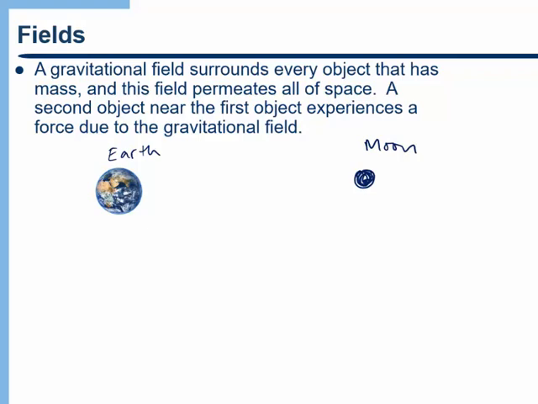Now, why does that help to resolve this issue of action at a distance and time delay? Well, we now have a way to understand why there would be a time delay. In other words, picture the following. Let's say I've got a lake here, and in my lake I have a cork. So my cork is floating in the lake, and somewhere away from the cork I drop a rock into the water.